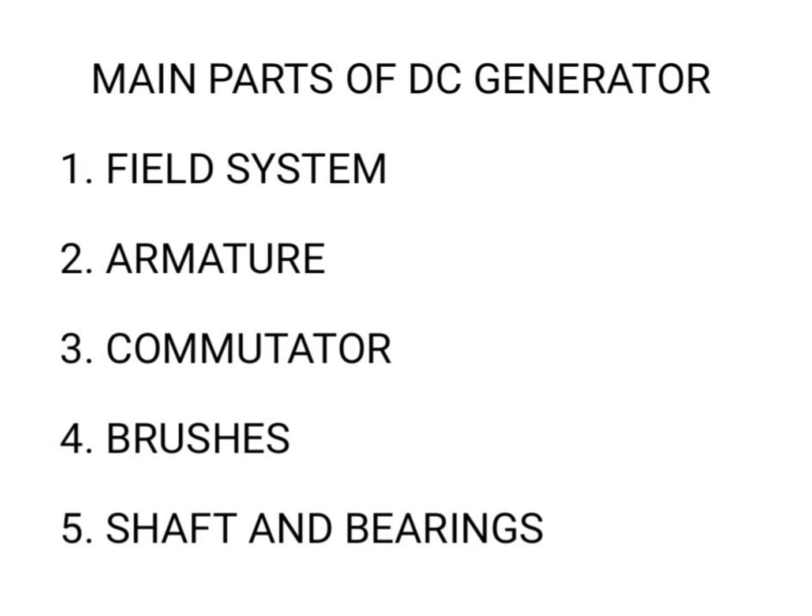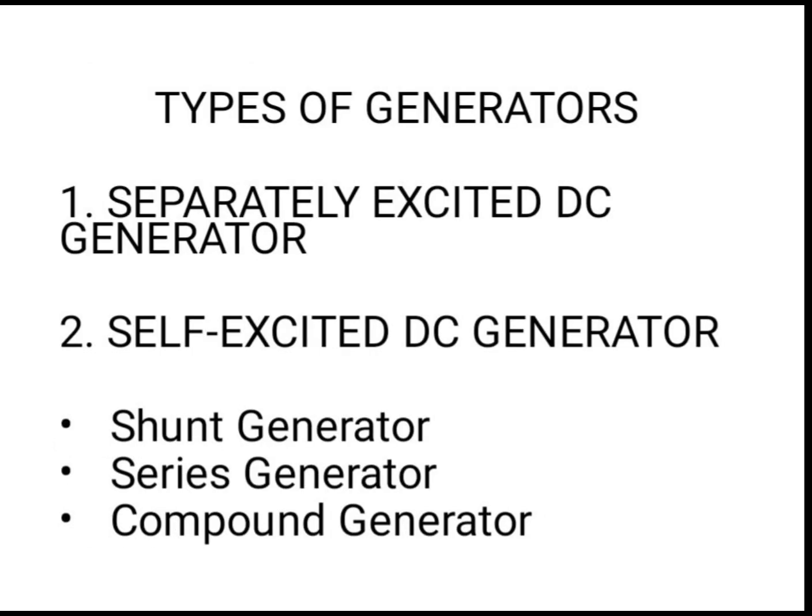When mechanical energy from a turbine, engine, or other prime mover rotates the armature, the conductors cut through the magnetic field lines, inducing an electrical voltage. The commutator then converts this into DC output. Types of DC generators. DC generators can also be classified based on how the field windings are connected.